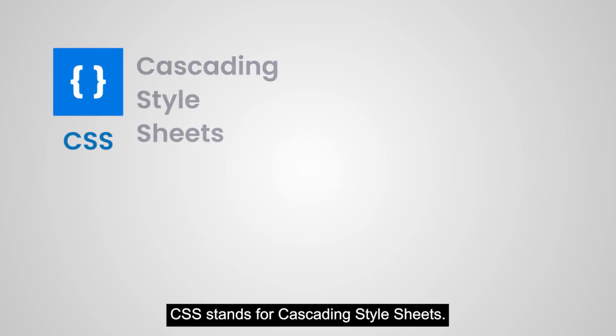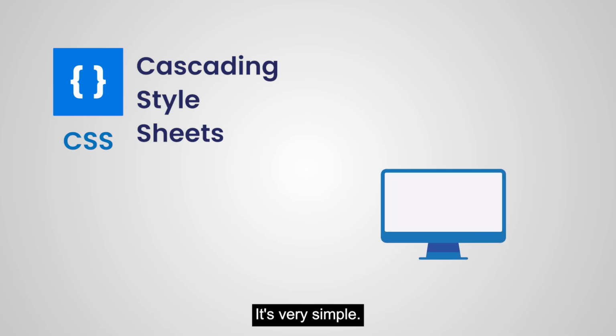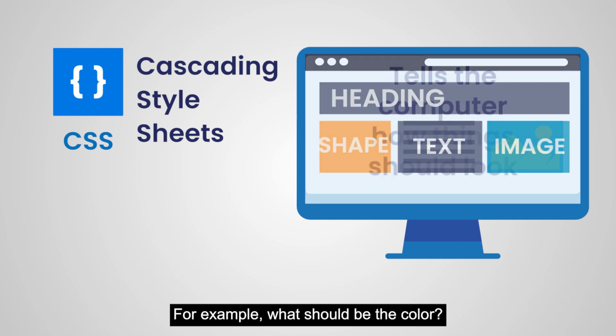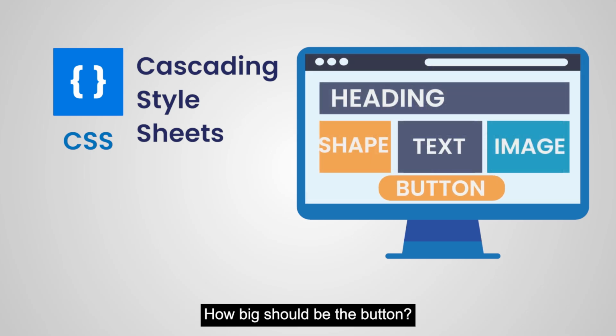Now second, CSS. CSS stands for Cascading Style Sheets. Don't worry about the big name. It's very simple. CSS tells the computer how things should look. For example, what should be the color? How big should be the button? Where should it be placed?